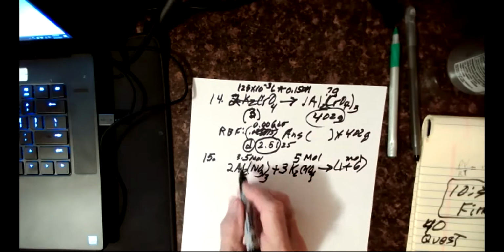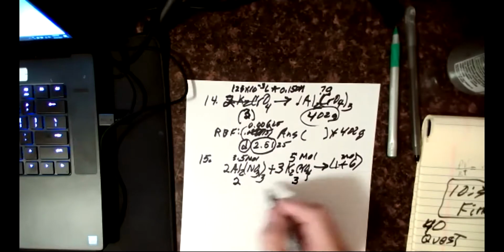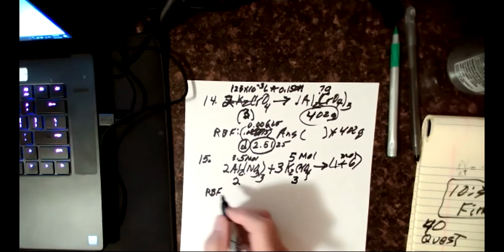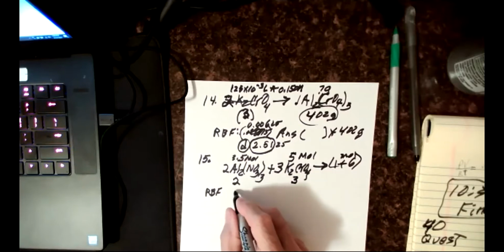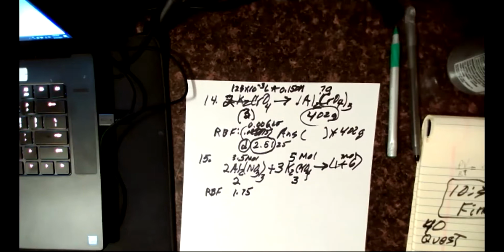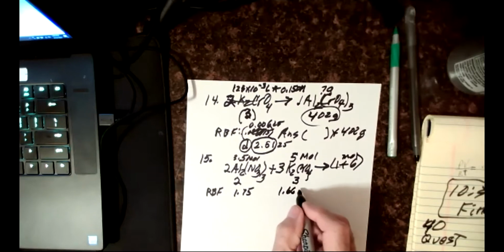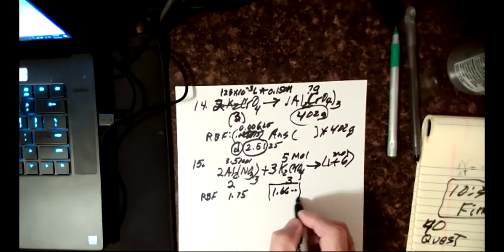The equation balancing coefficient is 2 moles here and 3 moles here. So my rebalancing factors: 3.5 divided by 2 is 1.75. And 5 divided by 3 is 1.66 repeating. So it looks like that's the limiting reagent.